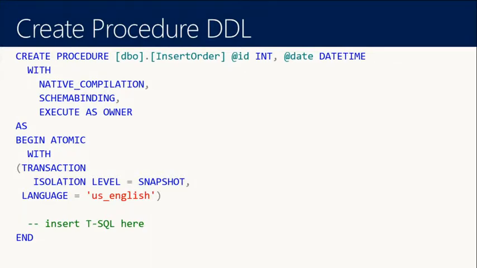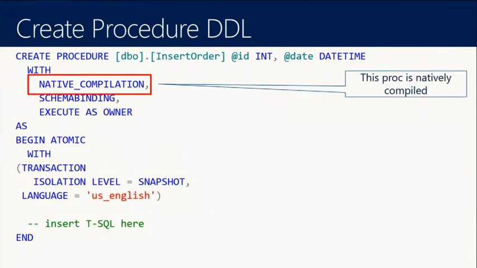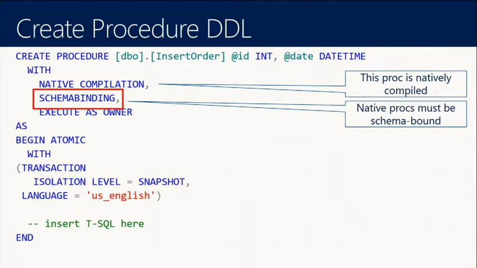We have a number of options which are required for natively compiled stored procedures. First off, you need to say that this is a natively compiled stored procedure, so you use the keywords WITH NATIVE_COMPILATION to specify that the stored procedure is native. Then we also require each native stored procedure to be schema bound.